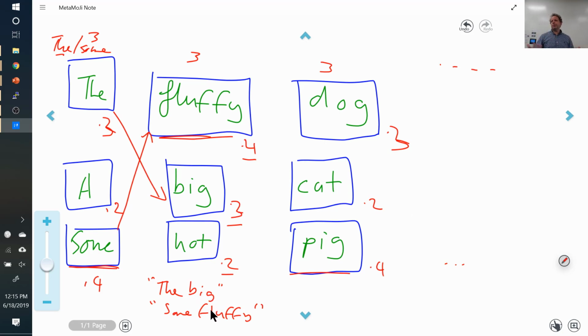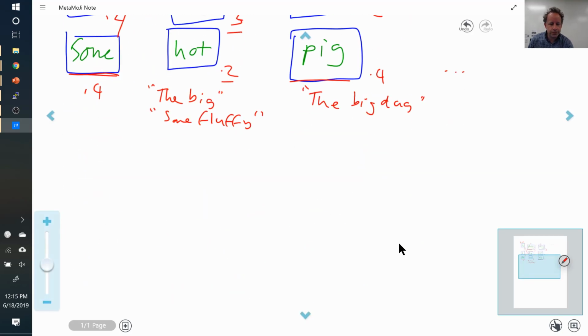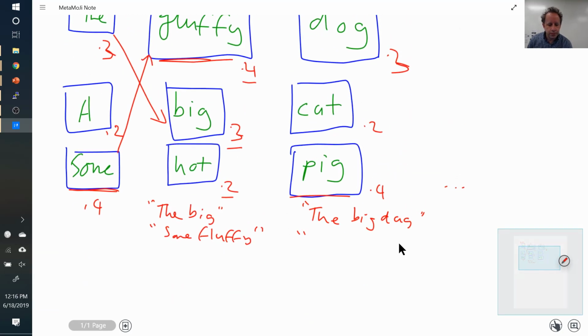And then we just select out of those 2 times 3 is 6, again, the top 2 3-word strings by probability. So in this case, the top might be "the big dog" versus "some fluffy cat".